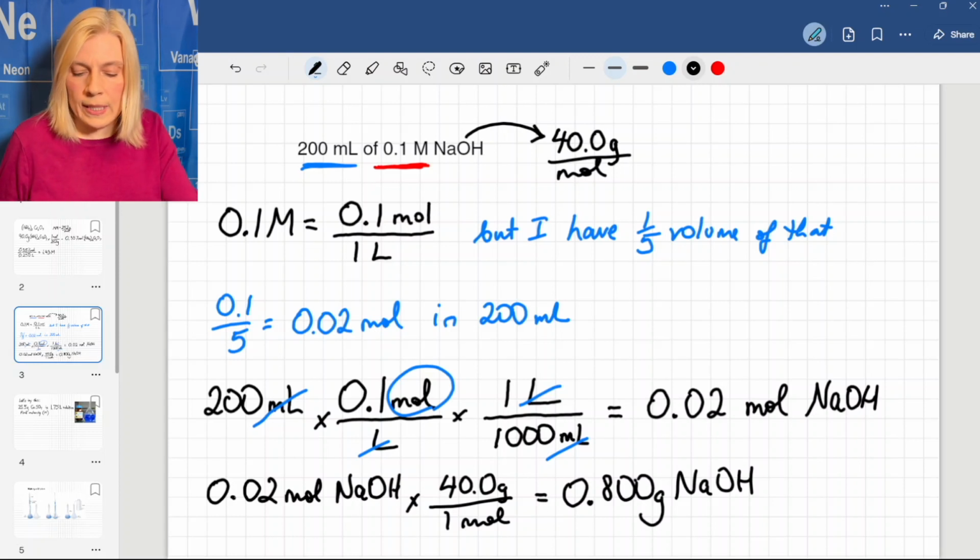Actually, there's only 1 sig fig here, so you do not need the zeros. Because everything was given to 1 sig fig, you can say 0.8 grams of sodium hydroxide.